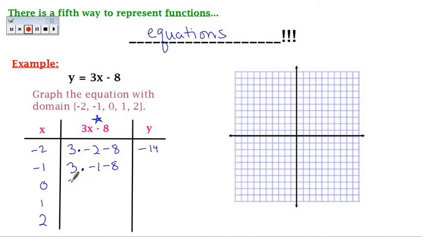So go ahead and write your substitutions, then take your calculator and type those things into your calculator, and then verify that the y values you get are the same y values I got. So 3 times -1 is -3, minus 8 is -11.